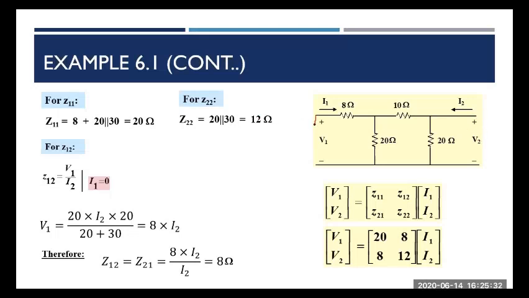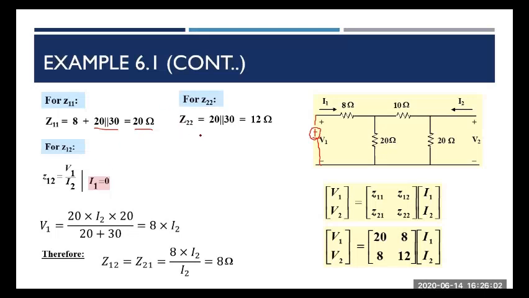So now we apply voltage as the V1. Now you can solve this by maybe using a circuit reduction technique. By doing circuit reduction, you will have 10 and 20 in series, and then 30 parallel to 20 plus 8. That will be your 20 ohm. So Z11 will be 20 ohm.